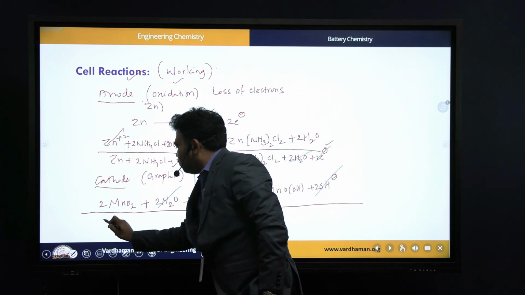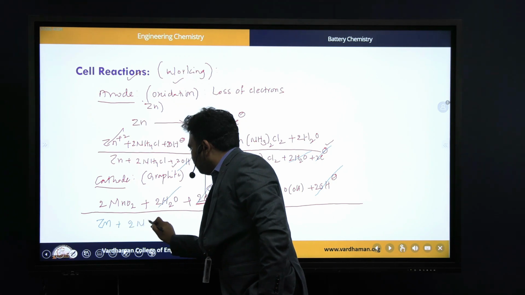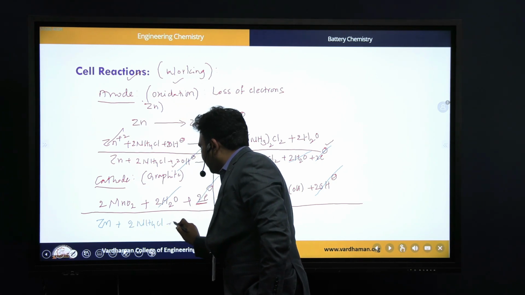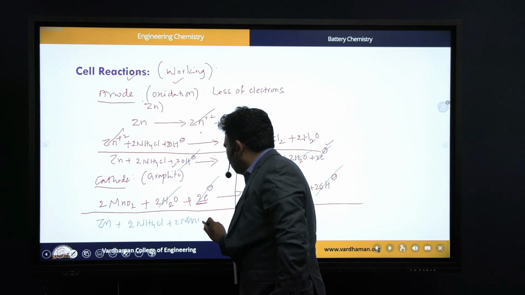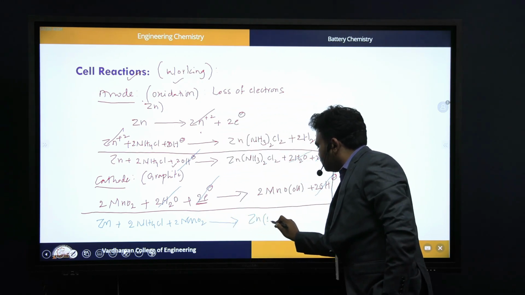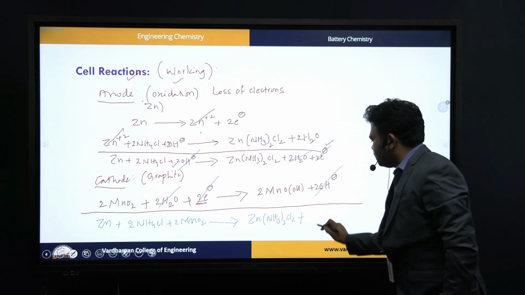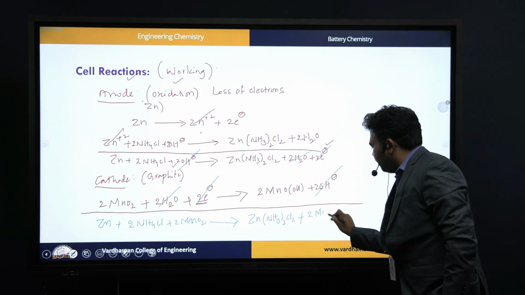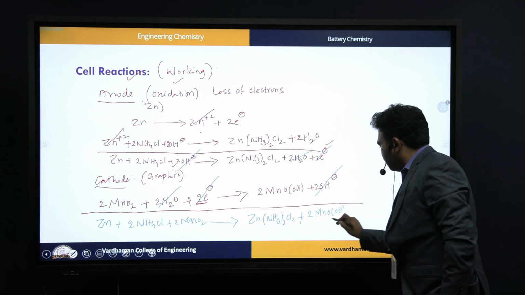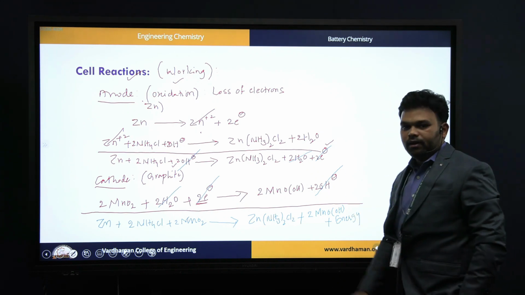The final reaction can be written as Zn + 2NH4Cl + 2MnO2 gives Zn(NH3)2Cl2 + 2 moles of MnOOH, and the interesting thing is that energy is released.